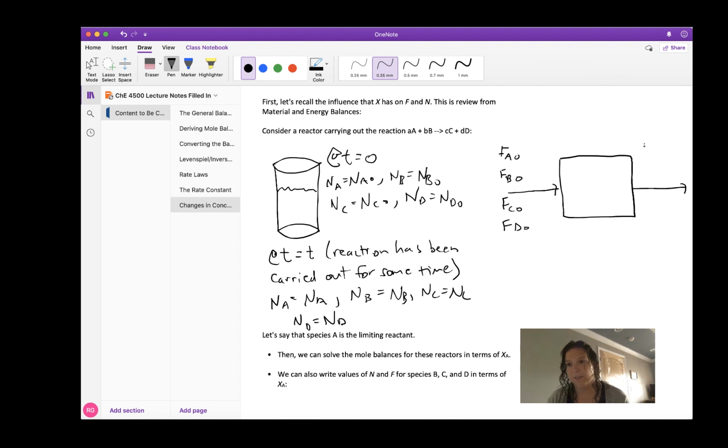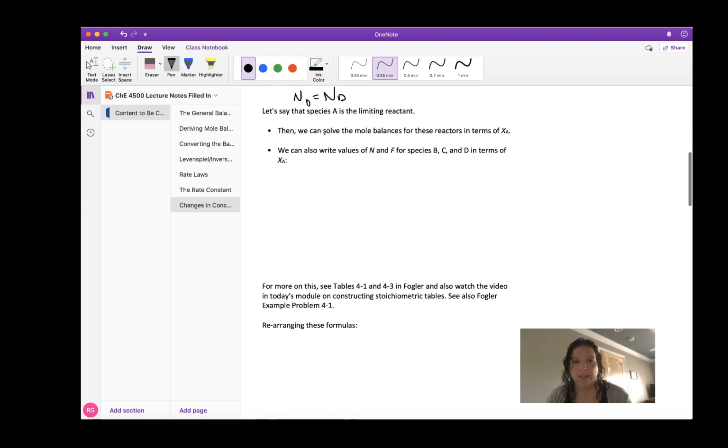And then coming out, I have FA, FB, FC, and FD. And if I wanted to make sure that I know these are reactors, I can draw stirs. So let's say that species A is the limiting reactant.